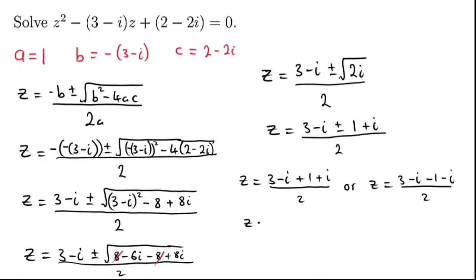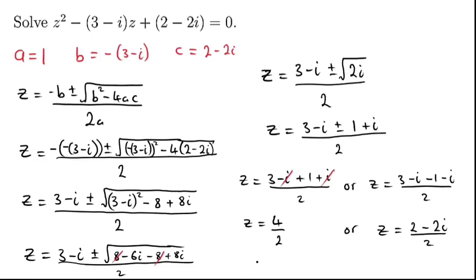So z is equal to 3 plus 1, that will give us 4, over 2, because the i and the i cancel out. One is positive, one is negative. So the other value will be z is equal to 2 minus 2i, over 2.